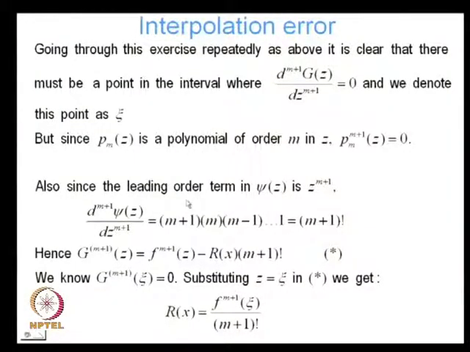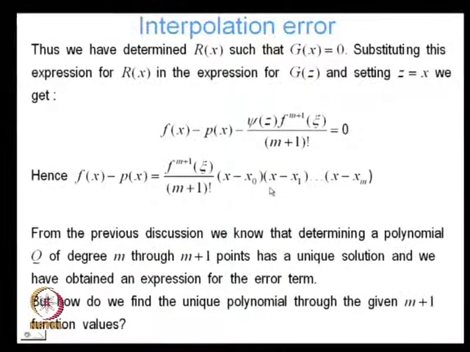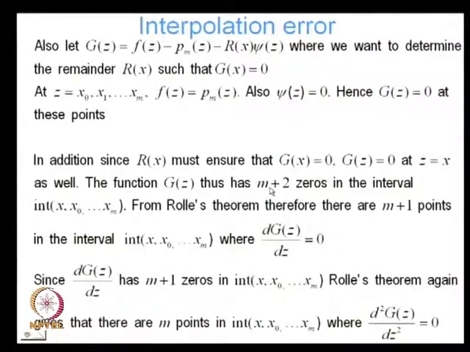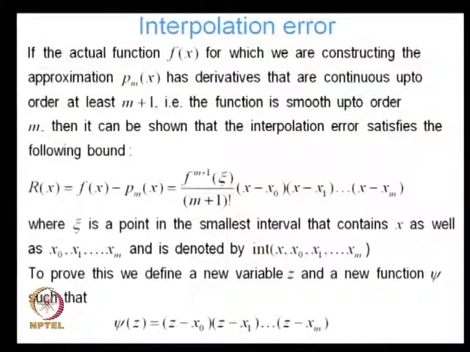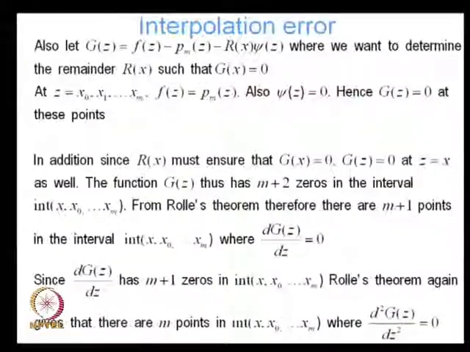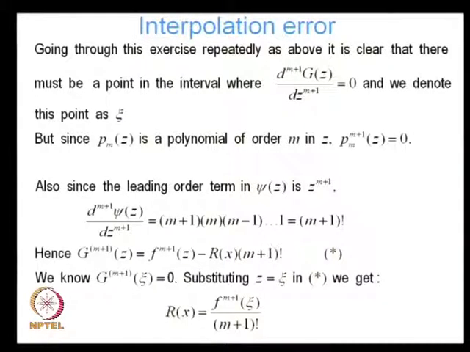Also, since the leading order term in psi(z) is z to the power m plus 1, if I take the m plus 1th derivative of psi(z), I am going to get factorial m plus 1, because the other terms give me 0 and only the leading order term remains. So that term is going to be that.